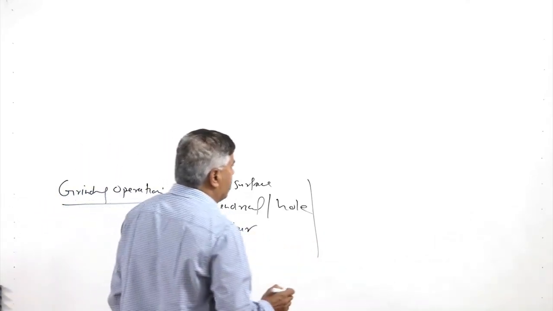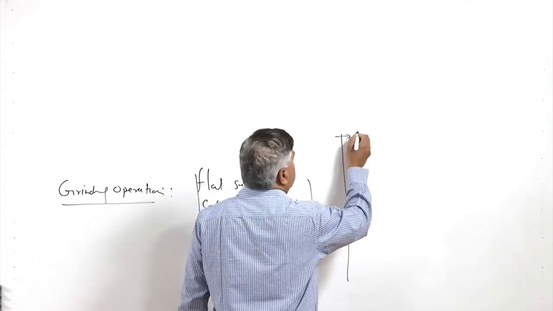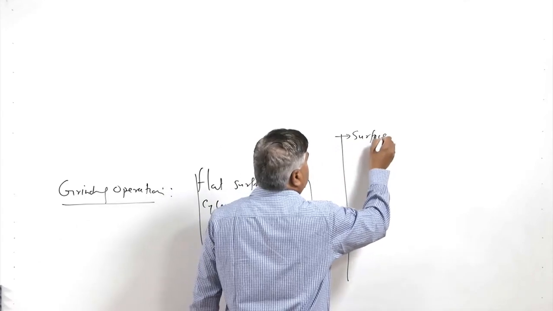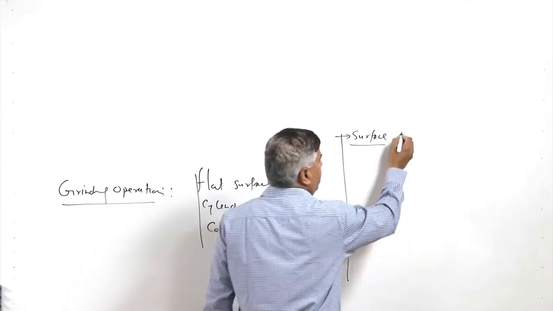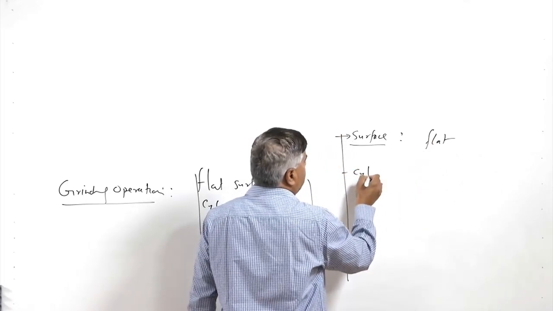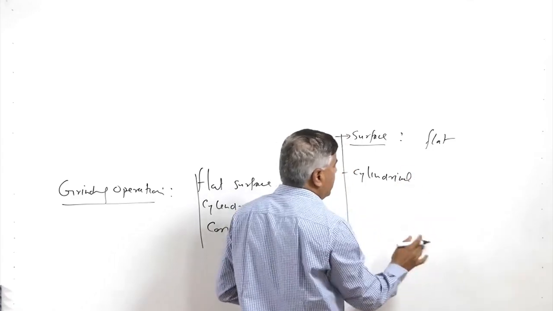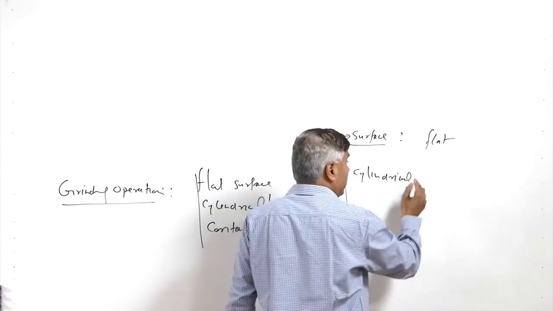And for that purpose the different types of the grinding are used, like one is surface grinding, which is used primarily for the flat surfaces. Then cylindrical grinding, it has a very large range of varieties.